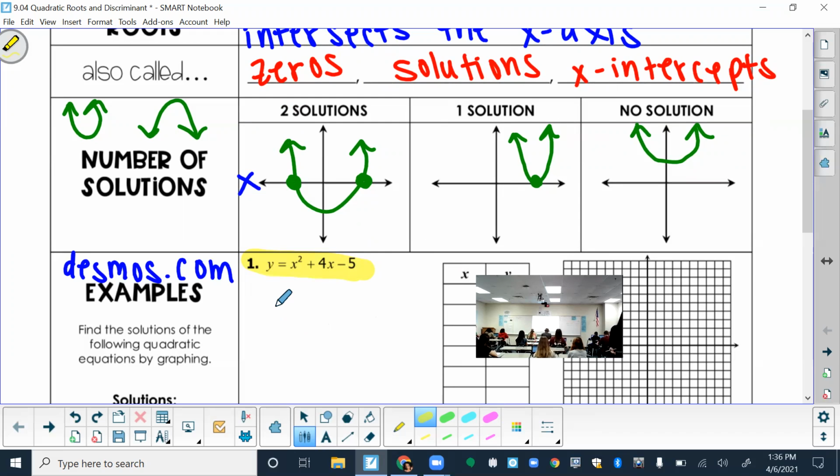So practice doing that. Practice typing y equals x squared plus 4x minus 5 into your little Desmos box.